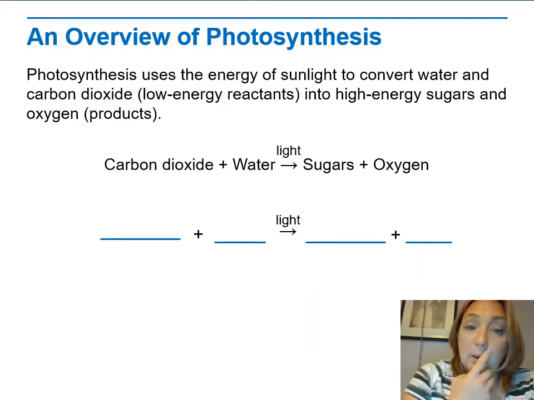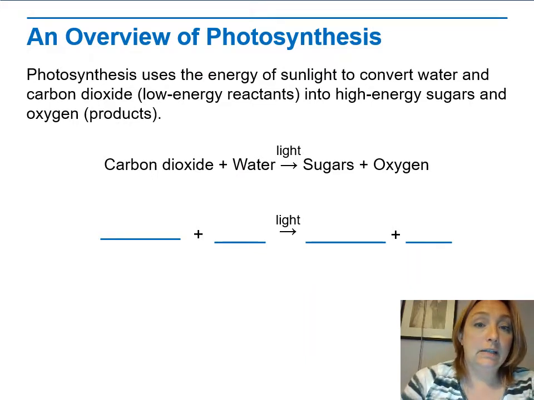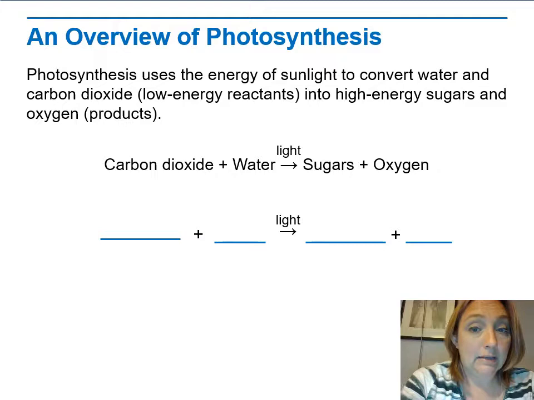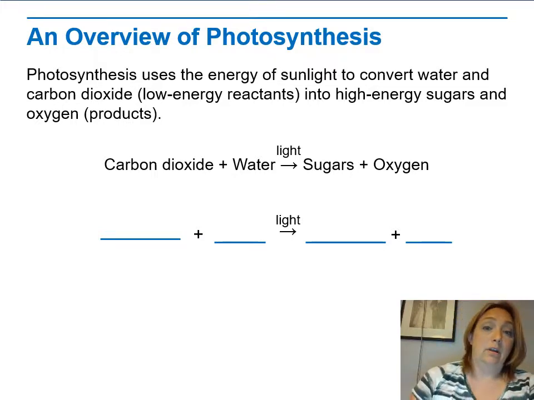Okay. So photosynthesis, at its very basic level, uses the energy of sunlight to convert water and carbon dioxide, both low energy reactants, into high energy sugars and oxygen.